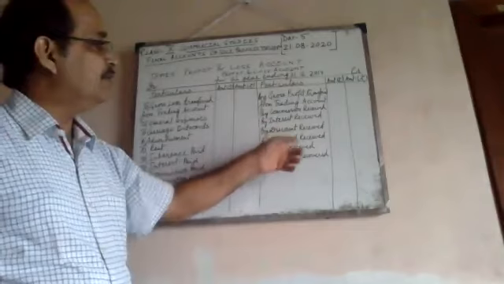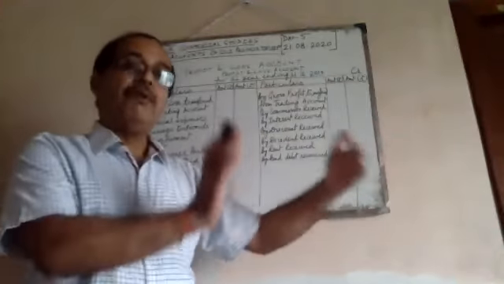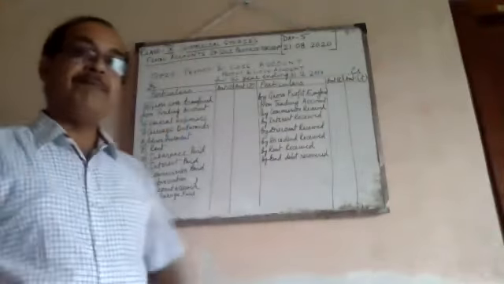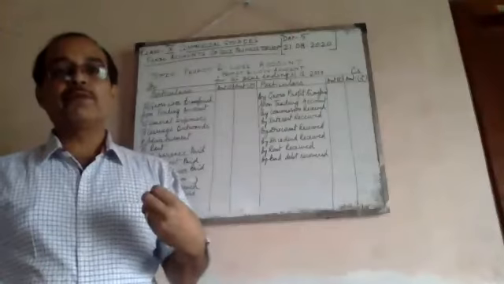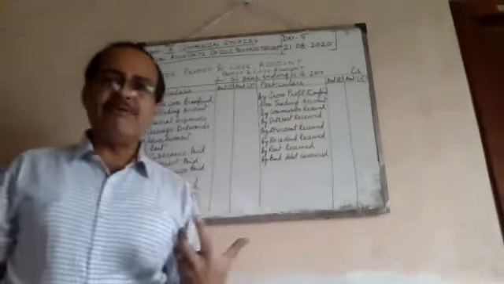Then rent received: if you have let out some portion of your business, office or space to someone else, he pays rent, so that is rent received. And bad debts recovered: previously you thought the debts had become bad, but now you have recovered them, so it's an income for you.